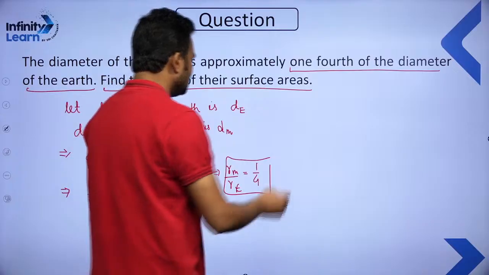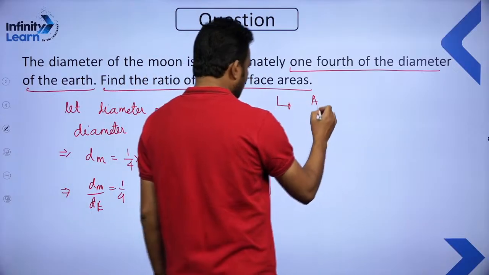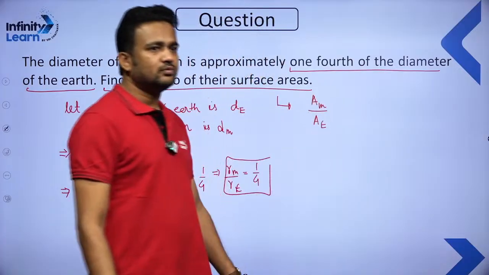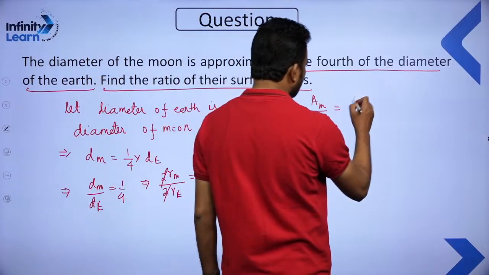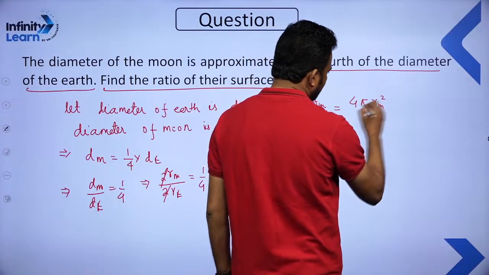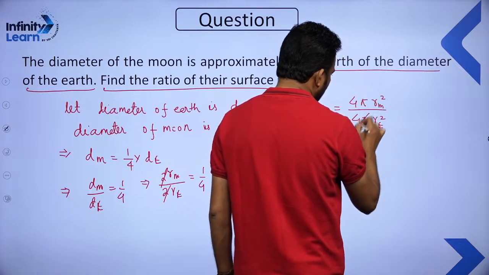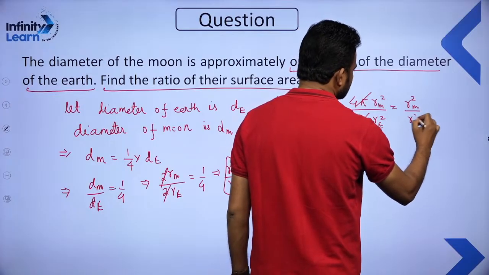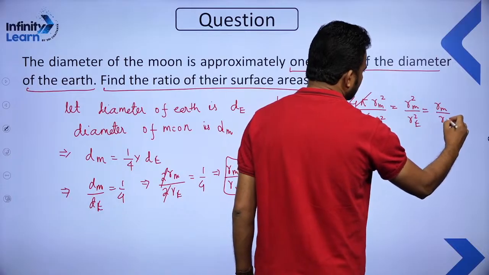Now we have to find the ratio of their surface area. So what is the formula? The ratio of their surface area is the area of moon divided by the area of earth, where Am stands for the area of the moon and Ae stands for the area of the earth. Area is 4 pi, so for this we use the radius of the moon, rm square, divided by 4 pi re square. So this 4 pi gets cancelled out, and we'll get rm square divided by re square, which is finally rm upon re whole square.